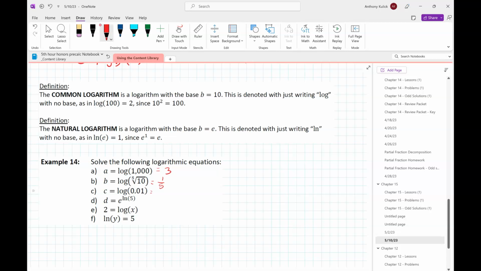How about this one? What if I point out to you that that's 1 over 100? It should be -2.